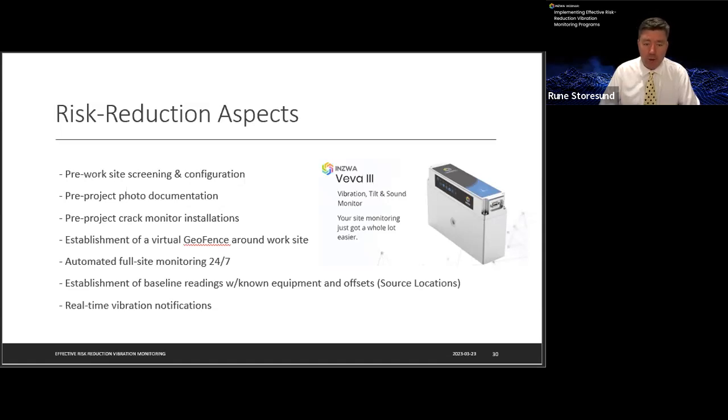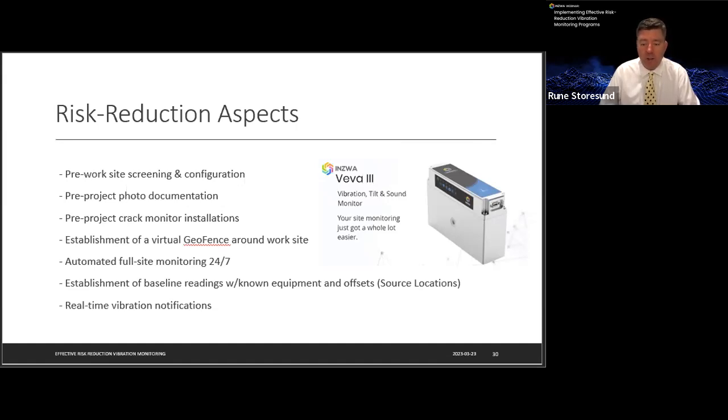And after the initial deployment of the devices, we'd take some baseline readings, which would be performed using conventional on-site construction equipment like a vibratory roller. And then the vibrations produced at these known locations and durations can be used to develop site-specific attenuation factors so we can proactively determine as well as test the functionality of all of our deployed devices.